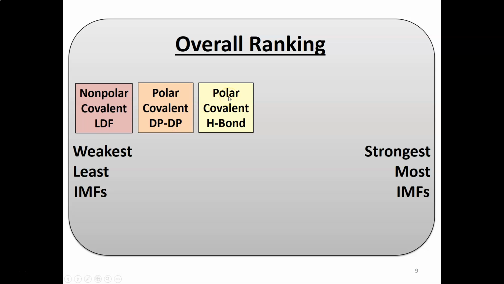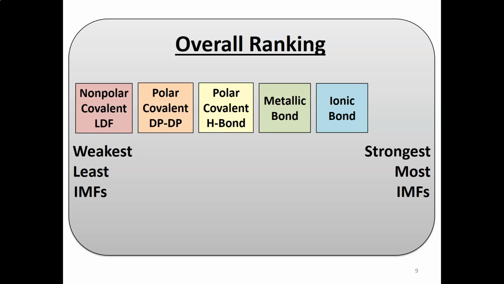Next would be polar, covalently bound with hydrogen bonding, a little bit stronger. After that, you're starting to get into the bulk solids, where you're going to start having a lot of forces happening. Metallic, then ionic, and then the strongest would be network covalent.